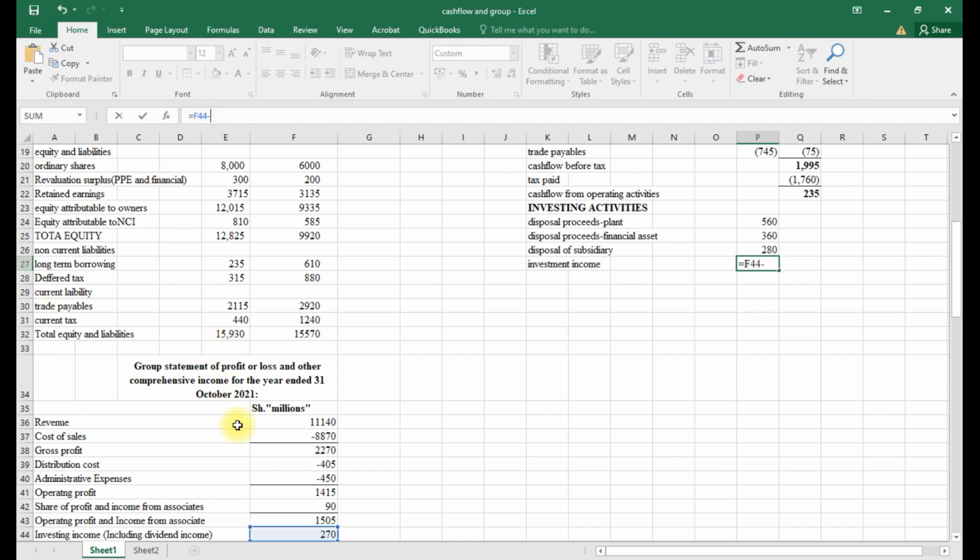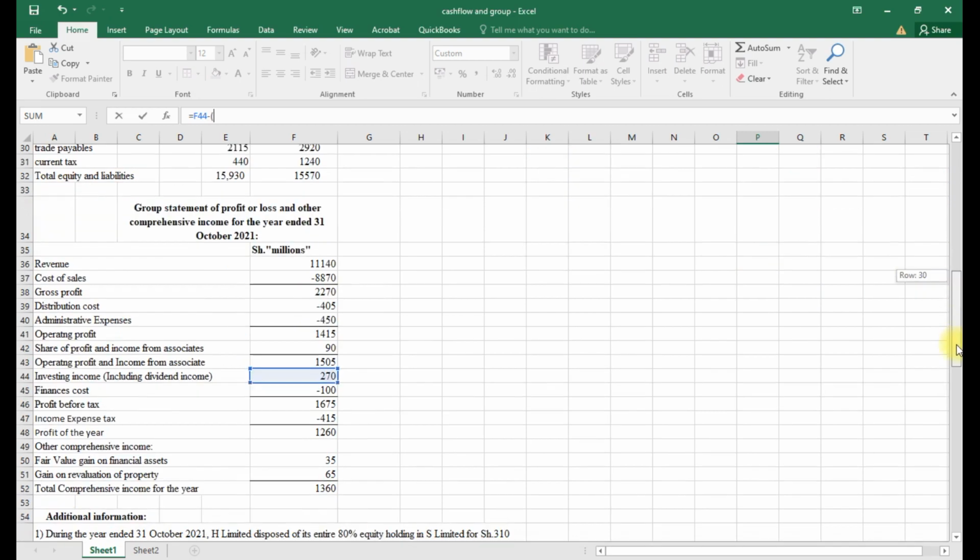I minus in brackets, so I will minus the financial asset where the financial asset was sold.